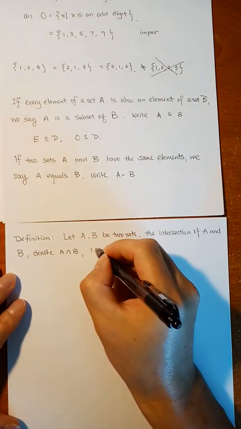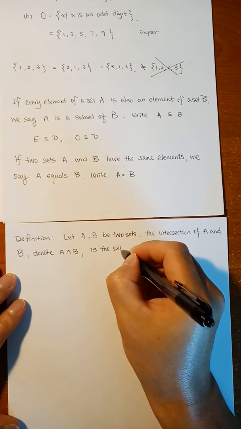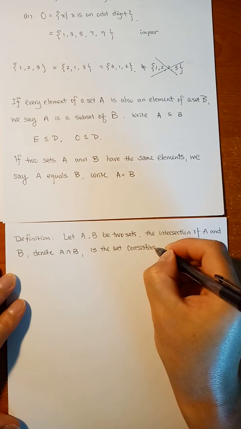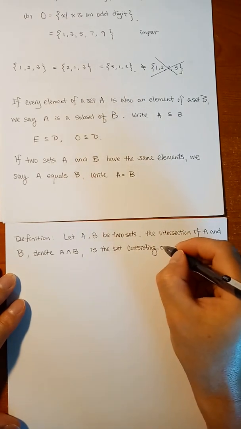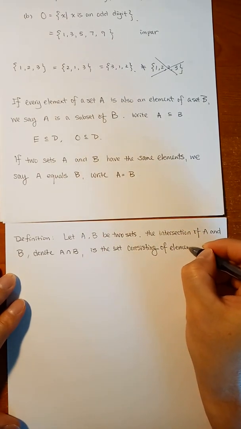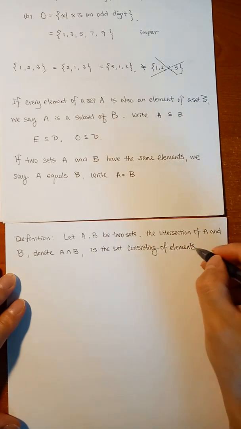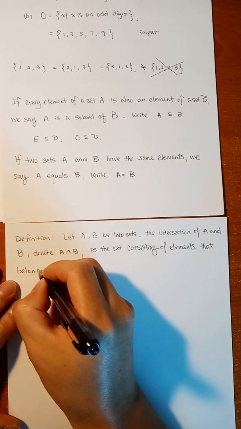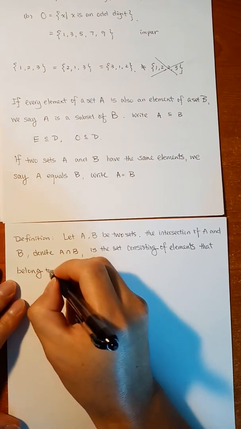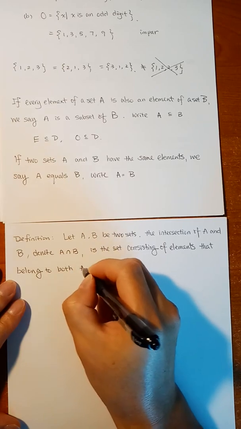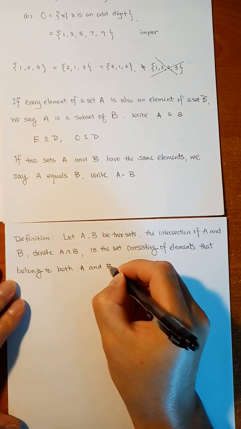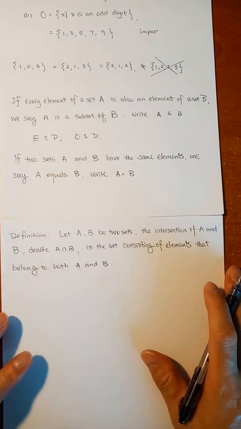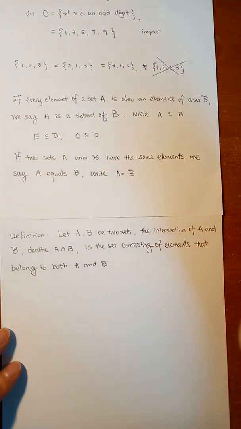An intersection is the set consisting of elements that belong to both A and B. It's inside A, also inside B. That is called the intersection, the overlapped part.